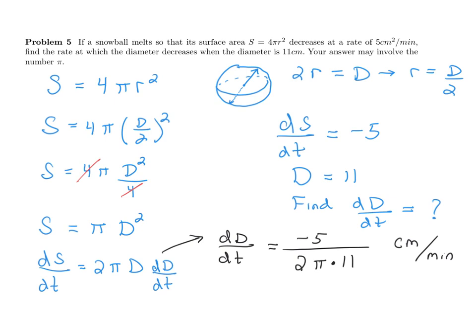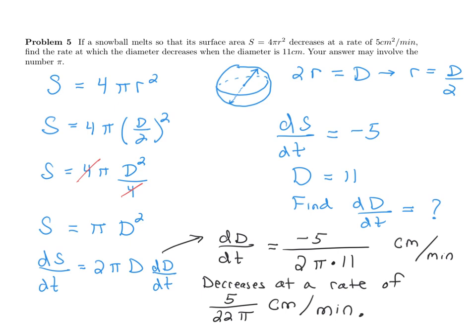I'll just say that it decreases at a rate of, and I think I'll simplify this a little bit. This is 5 divided by 2 times 11 is 22 pi. So I'll say it decreases at a rate of 5 divided by 22 pi centimeters per minute.